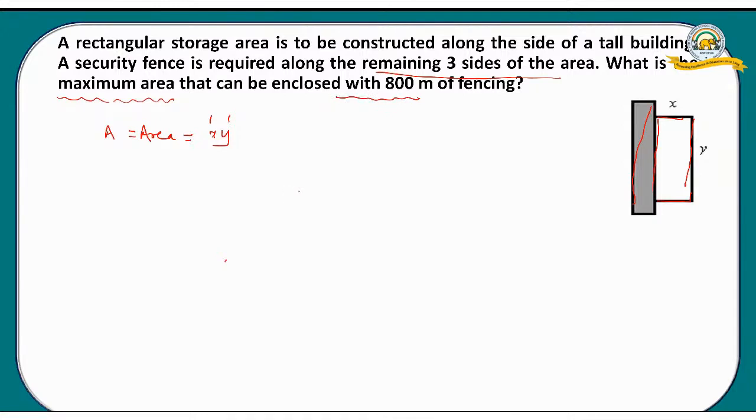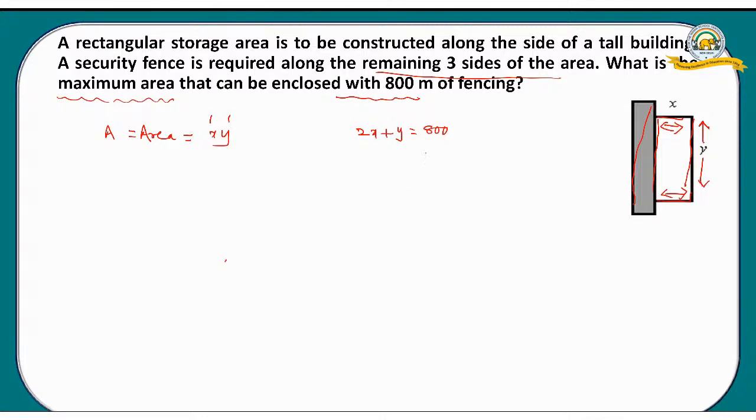Enclosed with 800 meters of fencing. That means the sum of these two sides and this side together is 800 meters. That means given that 2x plus y equal to 800. With the help of this relation, write down one variable in terms of the other variable.